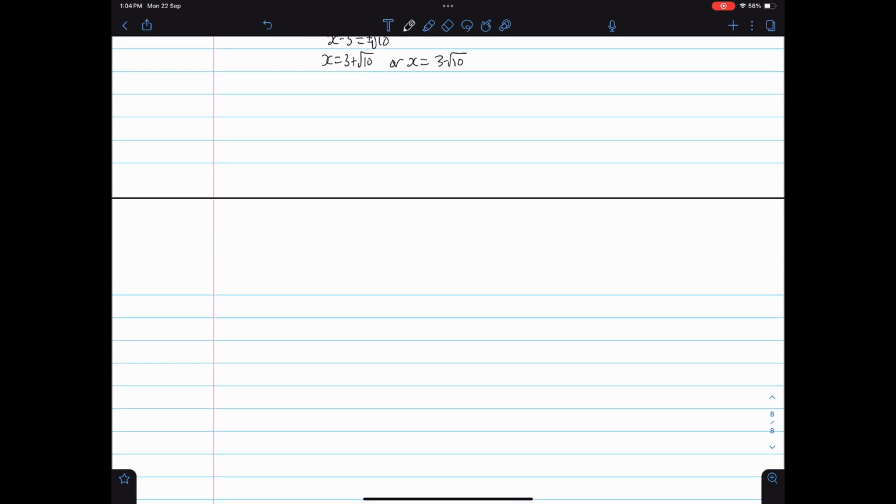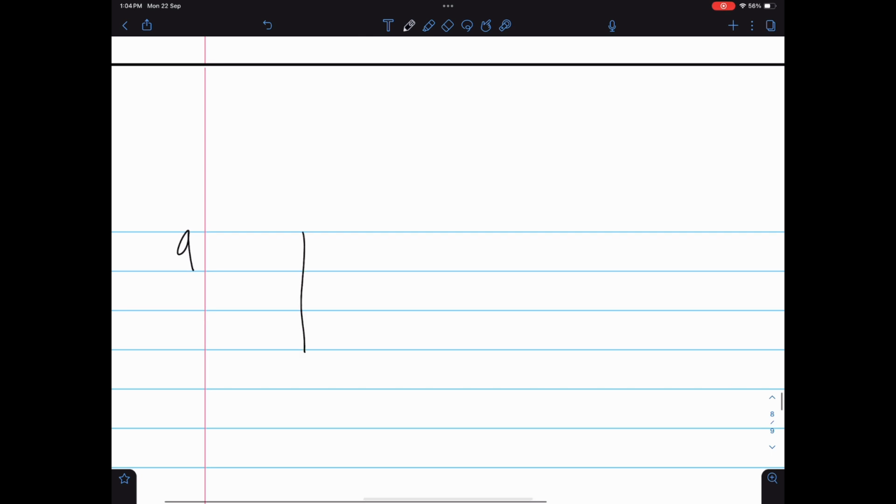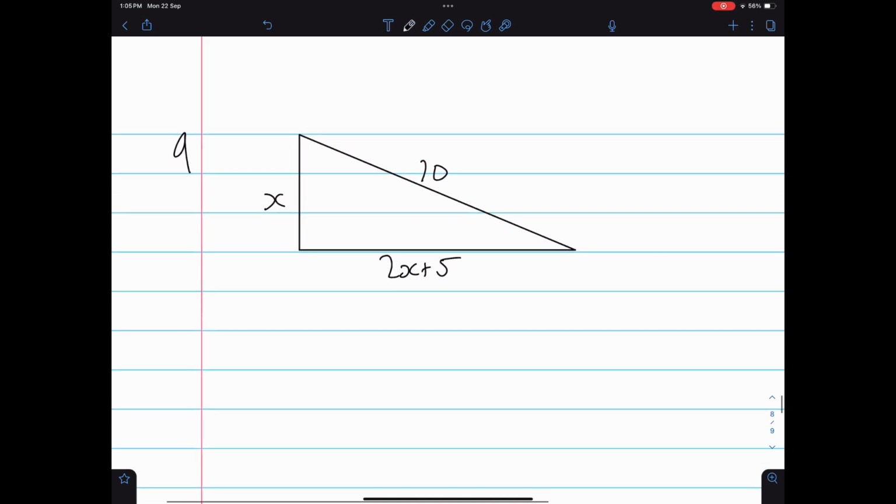Right, next we've got another geometry thing. This is x, this is 10, this is 2x plus 5. Right, and we're going to use Pythagoras. We just need to solve for x.